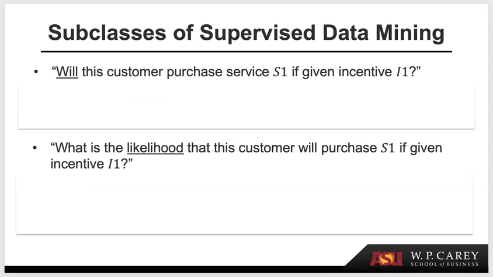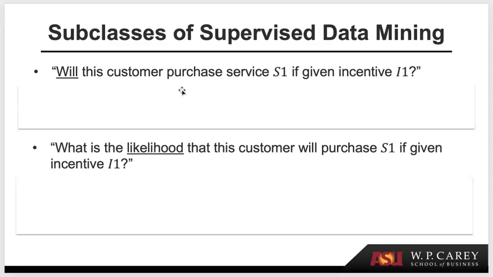So take a look at these examples. The first one: will this customer purchase service number 1 if given incentive number 1? Is this an example of a classification or a regression model? What do you think?